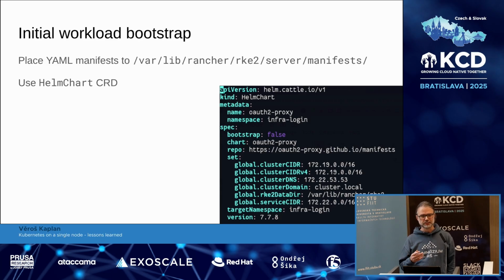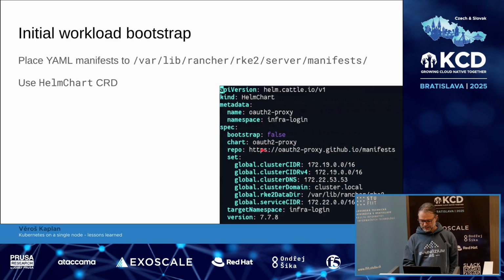And what is really nice, both these Kubernetes distributions contain a Helm controller, and when I need to deploy some Helm chart, I will just create an object called HelmChart. This is an example of deploying OAuth2 Proxy.